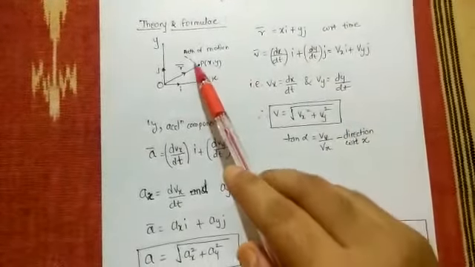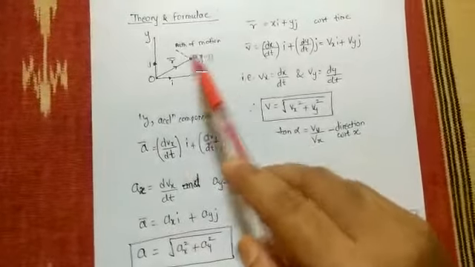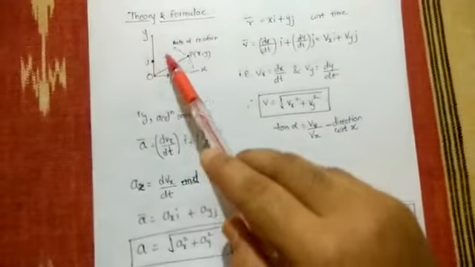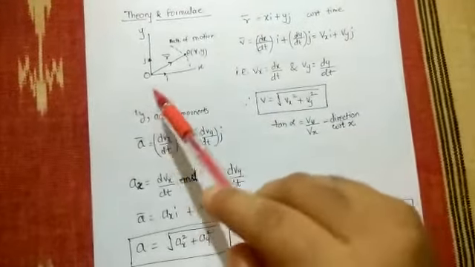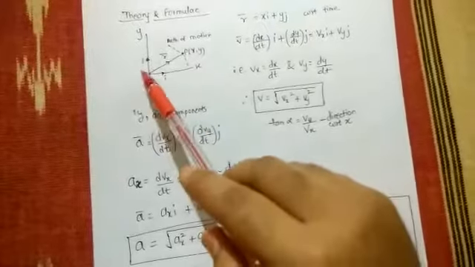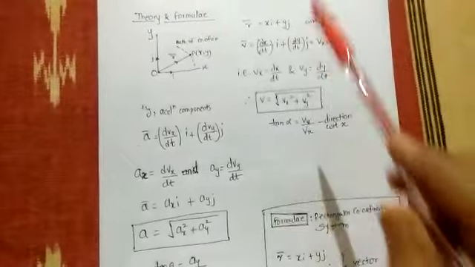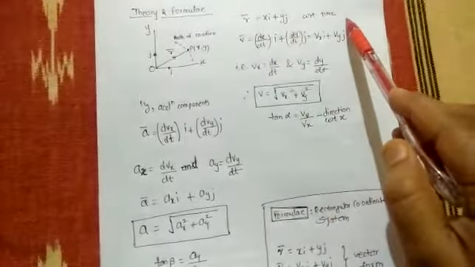So here you can see the particle P having coordinates x and y in two dimensions with origin O, and the position vector r bar, where i is the unit vector along x direction, j unit vector along y direction. So r bar is equal to xi plus yj with respect to time.